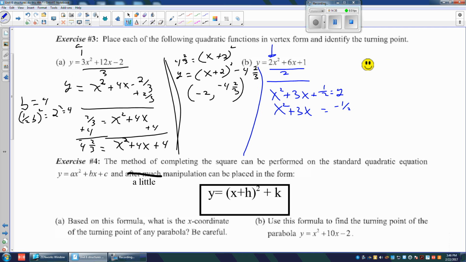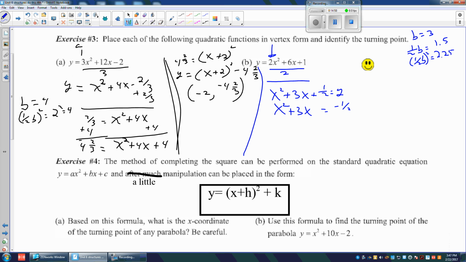Now, I'm going to squeeze in here the fact that b is 3, half of b is 1.5, and half of b squared is 2.25.